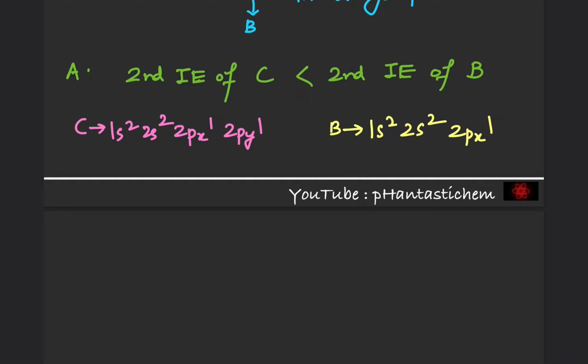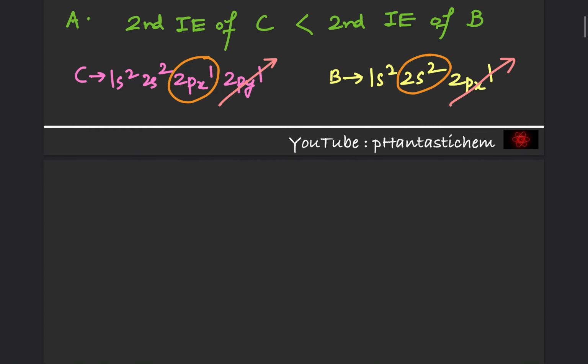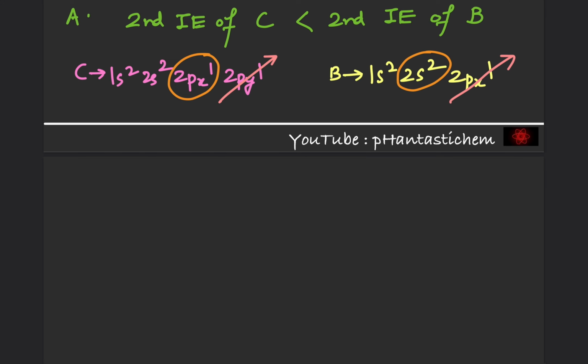Okay, so I will use arrows, and to find out the second ionization energy, we have to knock an electron out from 2px in the case of carbon and from 2s in the case of boron. Okay, so this is important. We know that an electron of s orbital has the maximum probability of being found near the nucleus, right?